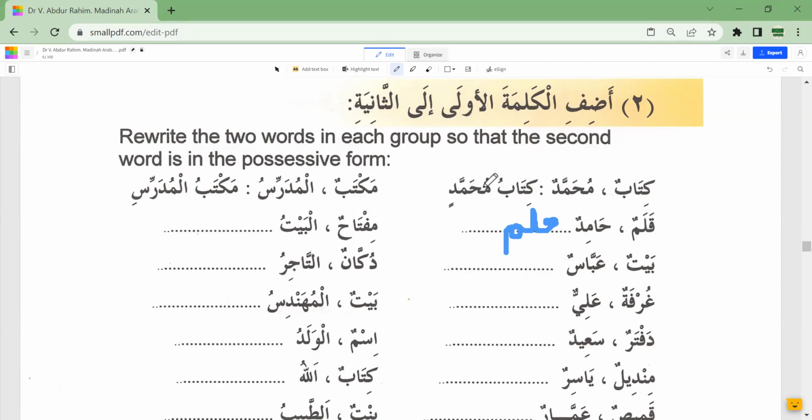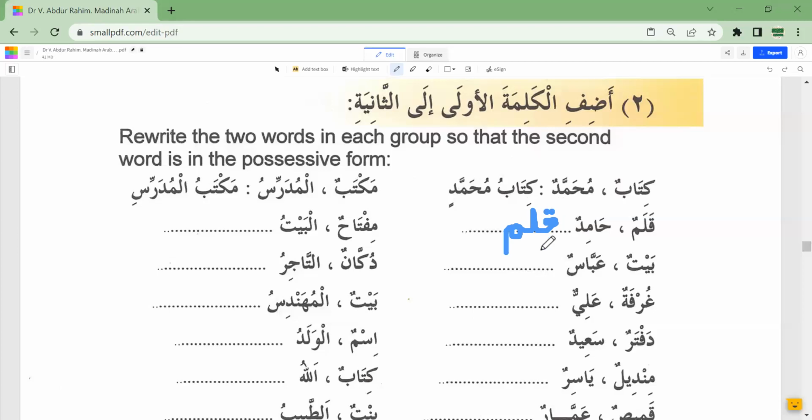So, Kitabu Muhammadin, it's Muhammad's book, book of Muhammad. So what we have to do is kitabun, the mudaf will have just one single dhamma, and the mudaf ilayh will become majroor. It will have kasra. See, it was Muhammadun, it becomes Muhammadin.